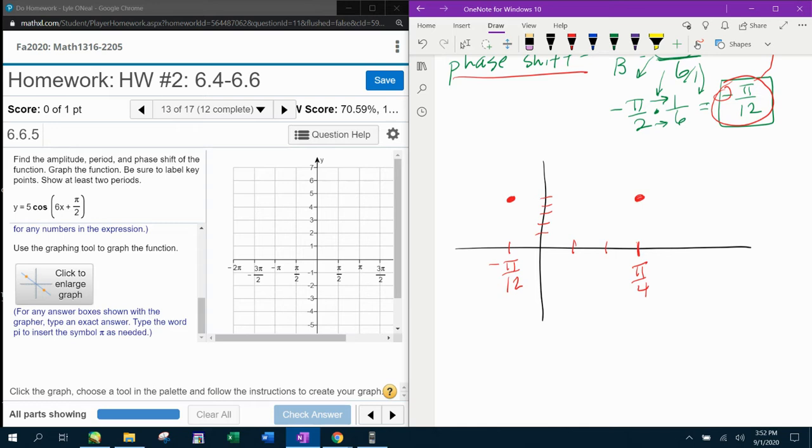So now I know where this graph is going to start, and I know where it's going to finish, and that is my wavelength, okay? Believe it or not, all of that is just step number 3 for the period, for the wavelength, okay? Now, step number 4 is from start to finish, I have to have 4 equal spaces. Well, 1, 2, 3, 4. I got them. I've got my 4 spaces, so that takes care of step number 4.